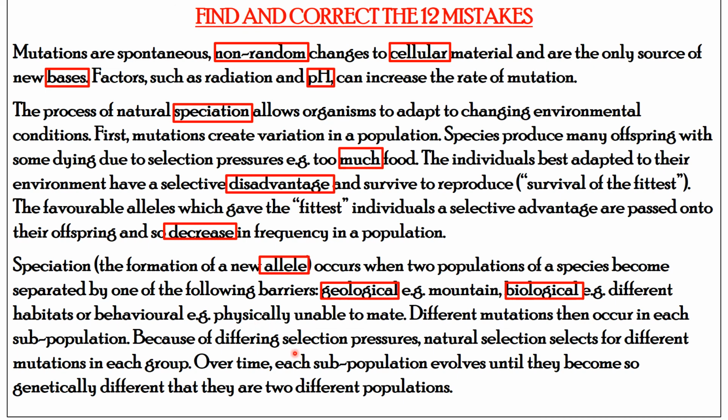Because of differing selection pressures, natural selection selects for different mutations in each group. Over time, each subpopulation evolves until they become so genetically different that they are two different populations. And that is wrong. So it's not different populations, it is a process of speciation, so it's two different species.